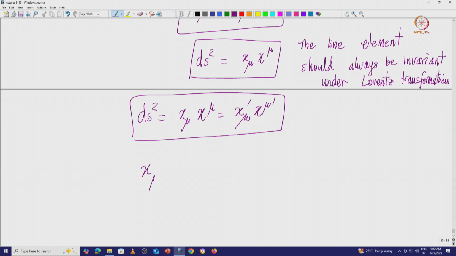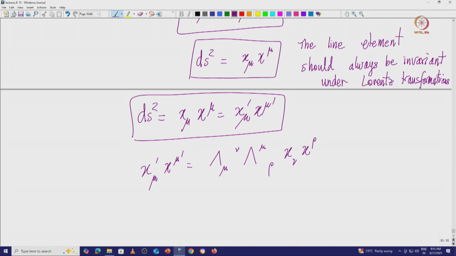Now x mu prime, we know what it is from this equation. x mu prime is given by two Lorentz transformations, lambda mu nu and lambda mu rho, acting on x nu and x rho.